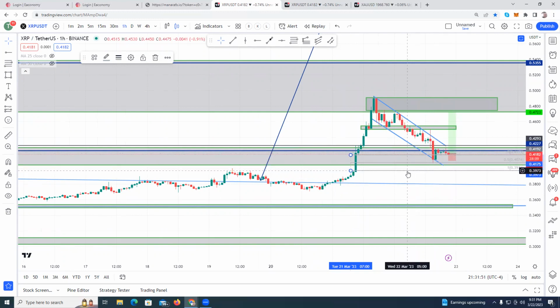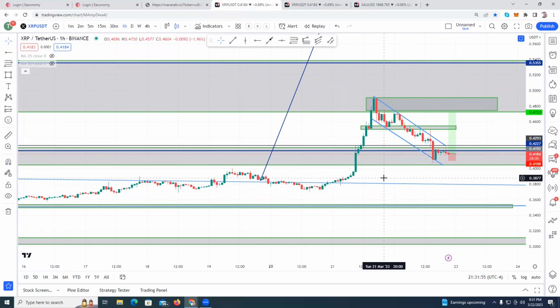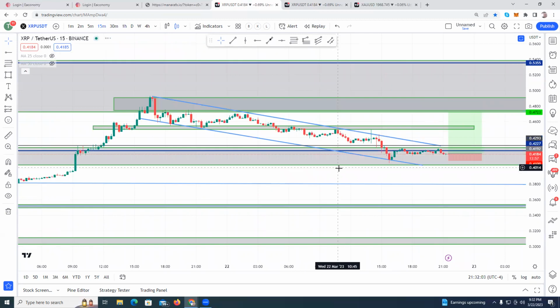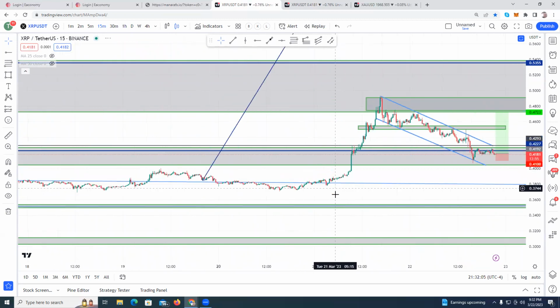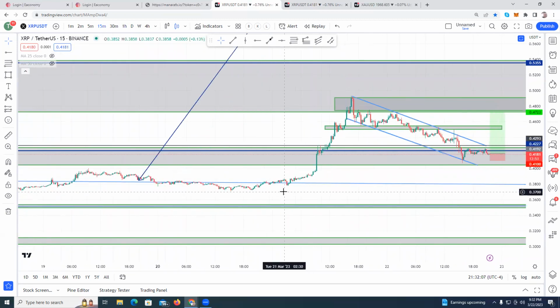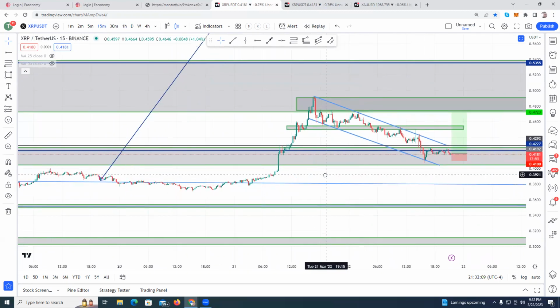So now that we know that we're starting to get a reaction or a rejection here, and we know that we are looking to be bullish because we broke out to the upside and that we're looking for buys, now I go down to the lower time frames to find potential entries. And when I go to the 15-minute, I see kind of the same thing that I saw in the hour, right? Because an hour time frame has 4 15-minute candles that represent one 1-hour time frame candle.